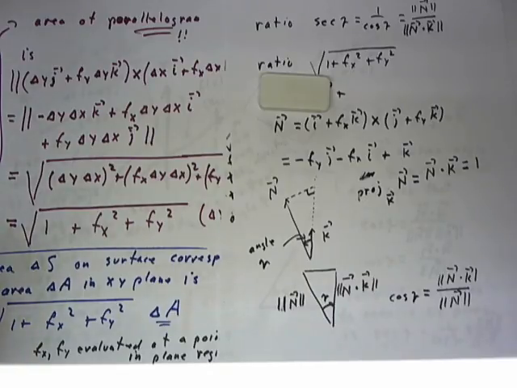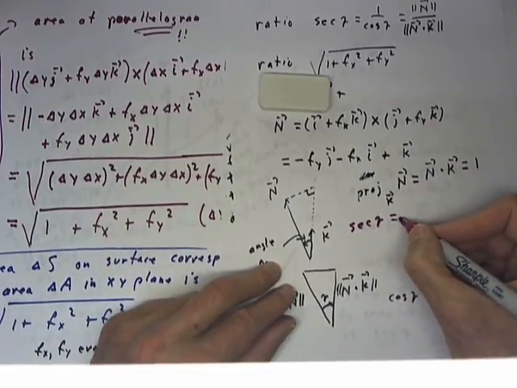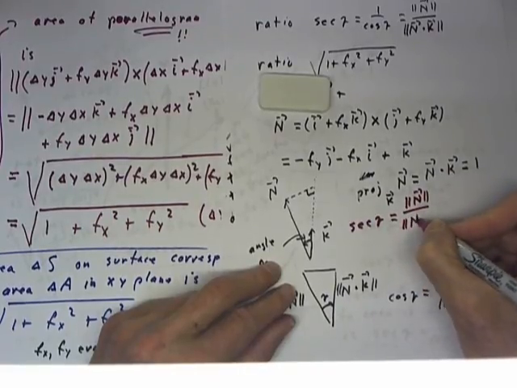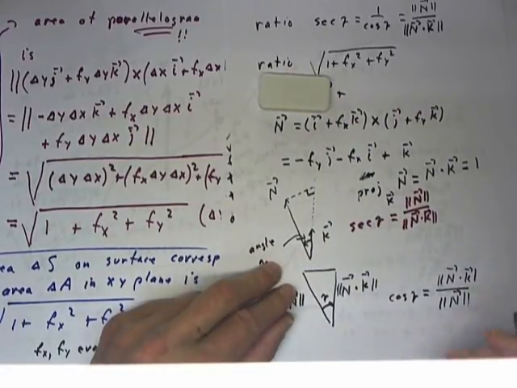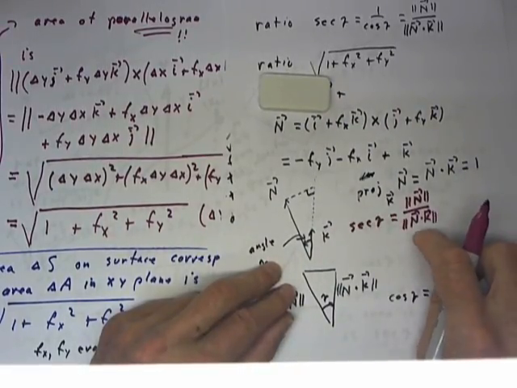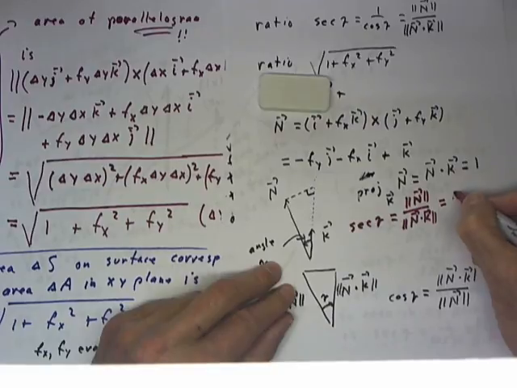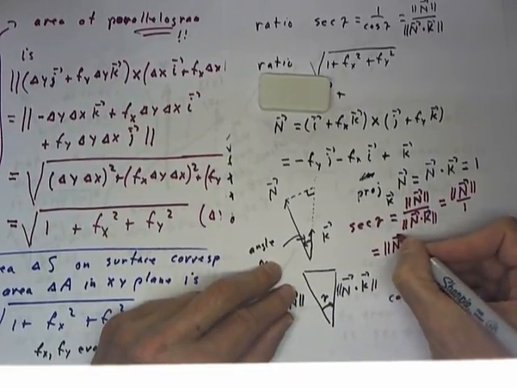And now it follows that secant of gamma, which equals magnitude of n divided by the magnitude of n dot k. For this particular calculation of the normal vector, the projection is just 1, so that n dot k is 1, so that this equals magnitude of n over 1, which is just the magnitude of n.